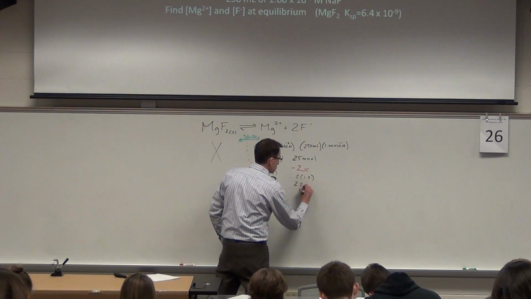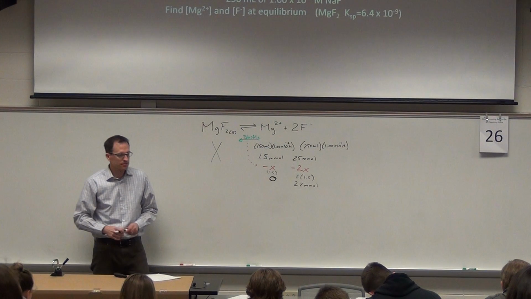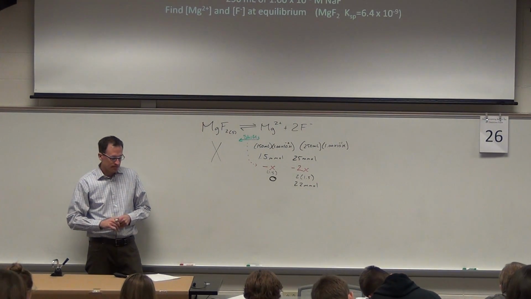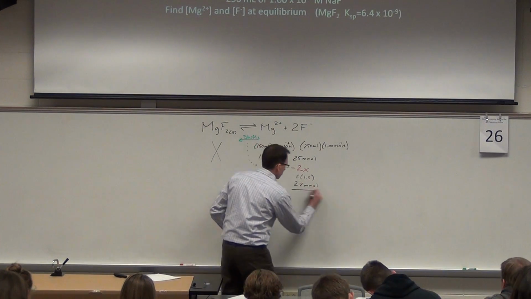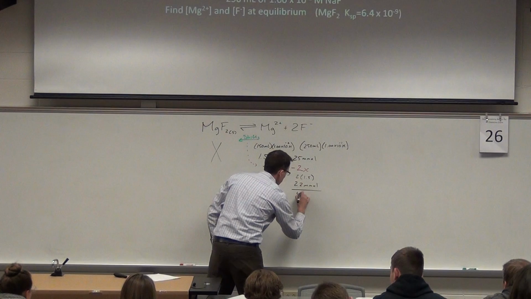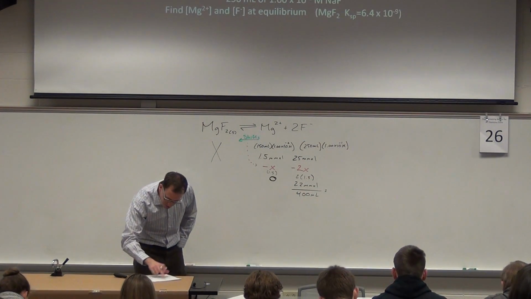So I'm going to have 22 millimoles right here. Okay, so I can figure this out. What do I have? 150 and 250, so that's 400 milliliters, which we've already stated once before. And I'll do the math with you a little bit here.